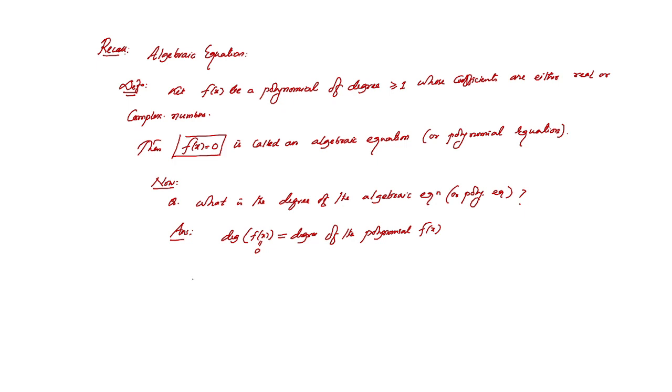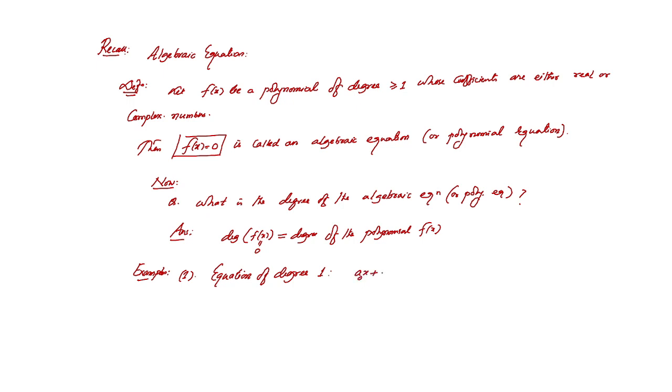Now equations of degree 1. Now there are a few examples. কিছু উদাহরণ আমরা দেখি. Example 1. Algebraic equation of degree 1 can be written as ax plus b.